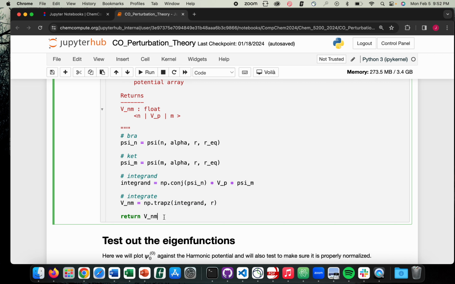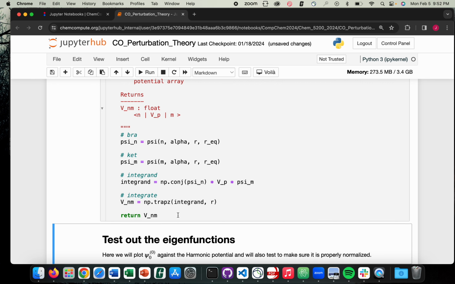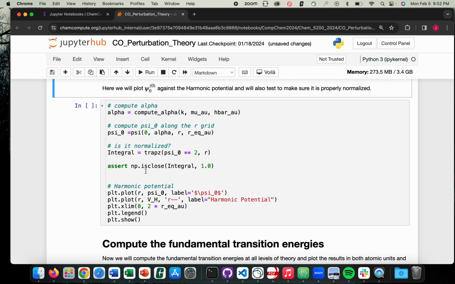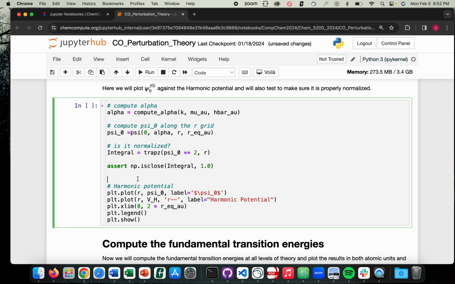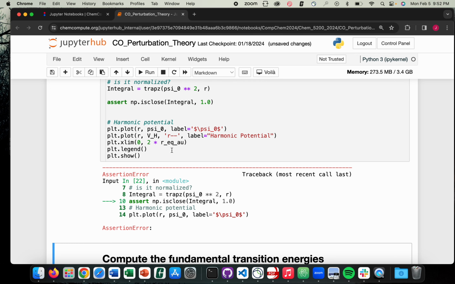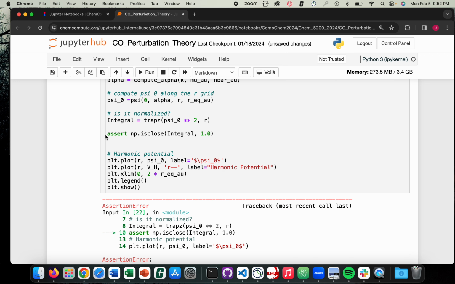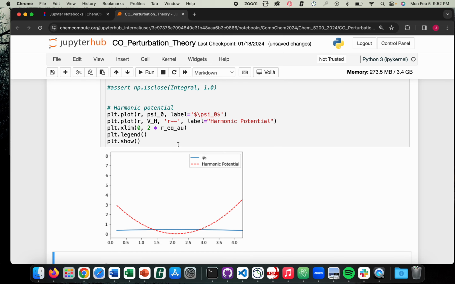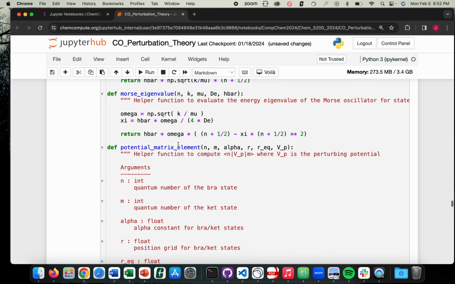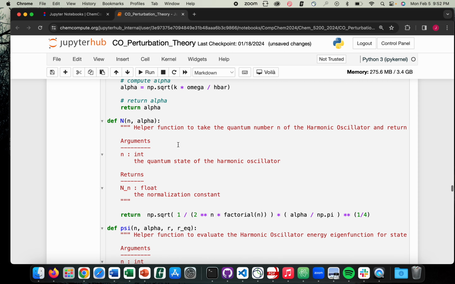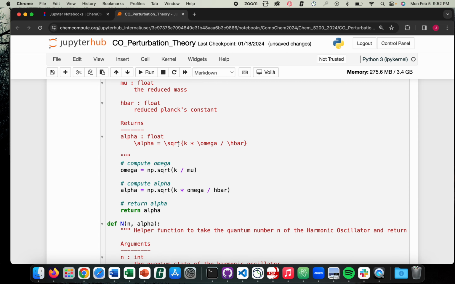Let's go ahead and run all of those cells, and now we can test out a couple of features. Number one, oops, I get an assertion error. That doesn't look right. Probably this expression for alpha is wrong.